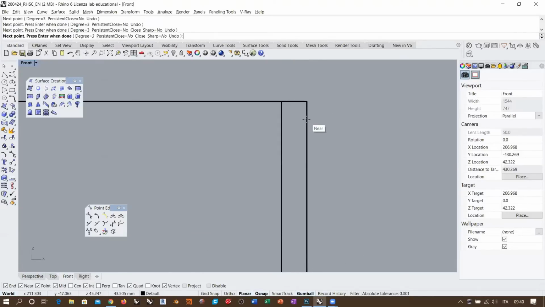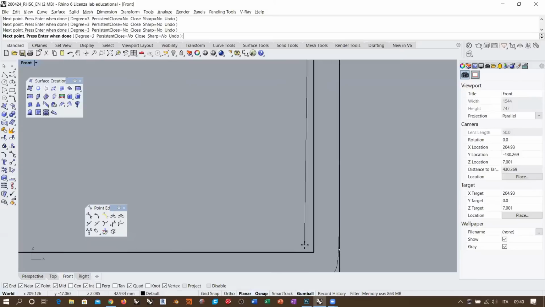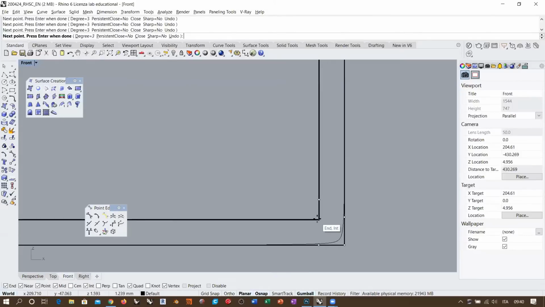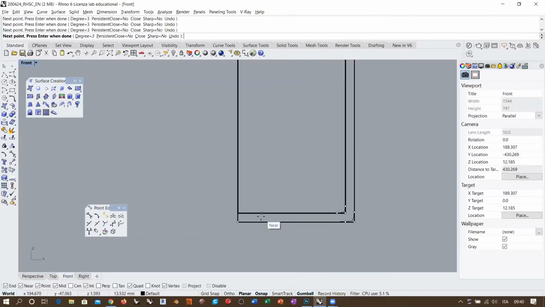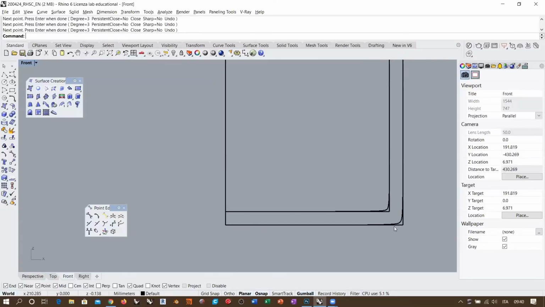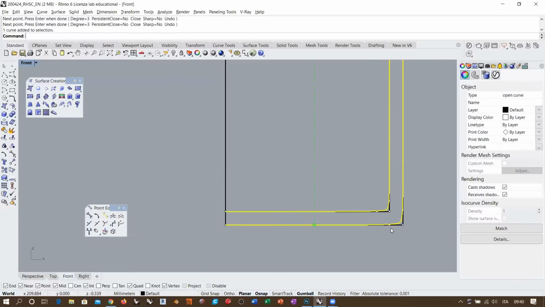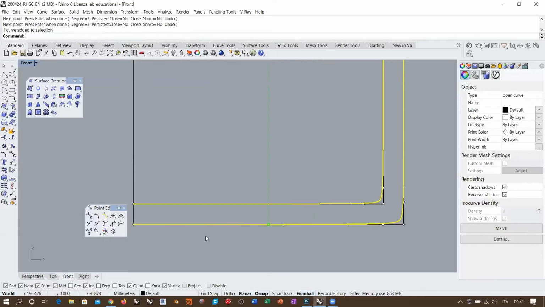And then I'm going to create another one here, another one, and then one here on the left, and then I go down and create another vertex control point, and finally end in this endpoint. So it's not a perfect profile for a glass because this is not flat in this bottom area, because there are only 3 control points.